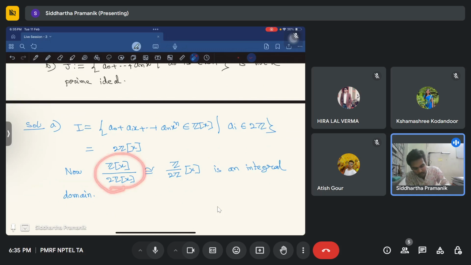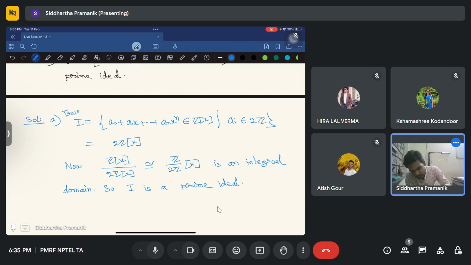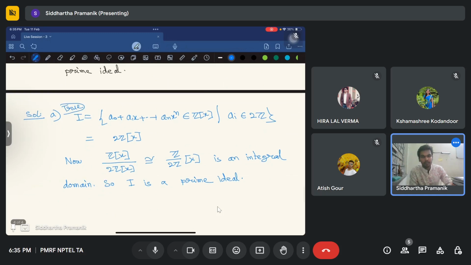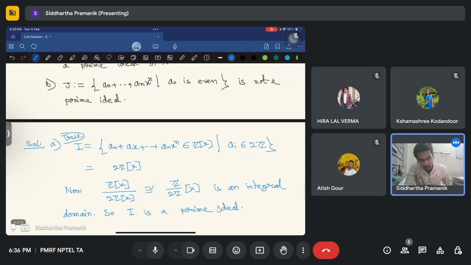That means the ideal must be a prime ideal. Is it okay? A is in fact true.